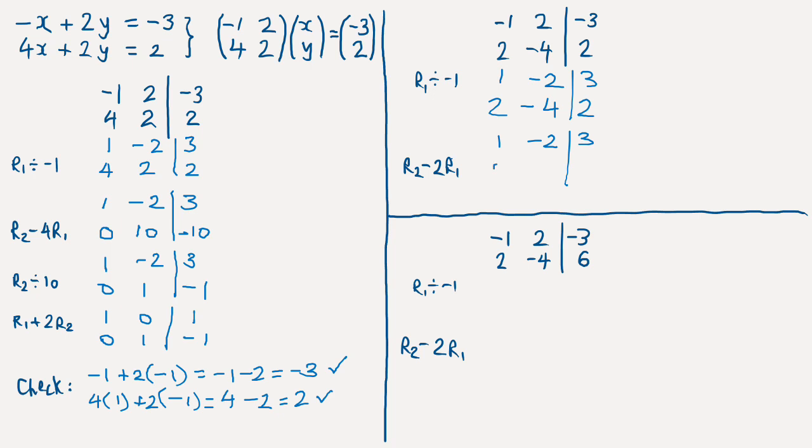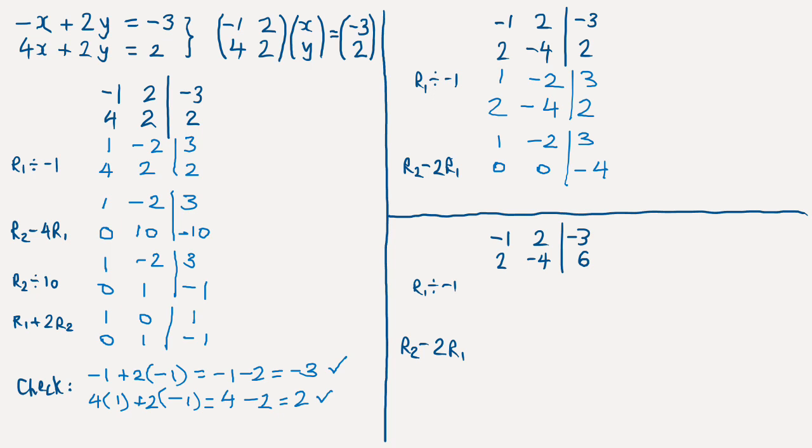So we'll have a 0 here, and we're going to have minus 4 minus 2 times minus 2, so that's minus 4 plus 4, which is 0, and then we're going to have 2 minus 2 times 3, which is 2 minus 6, which is minus 4.